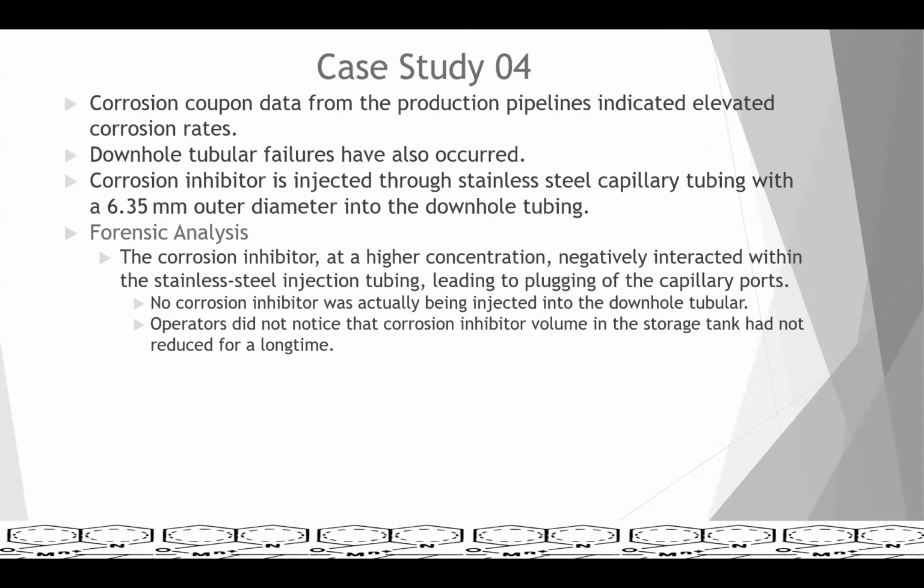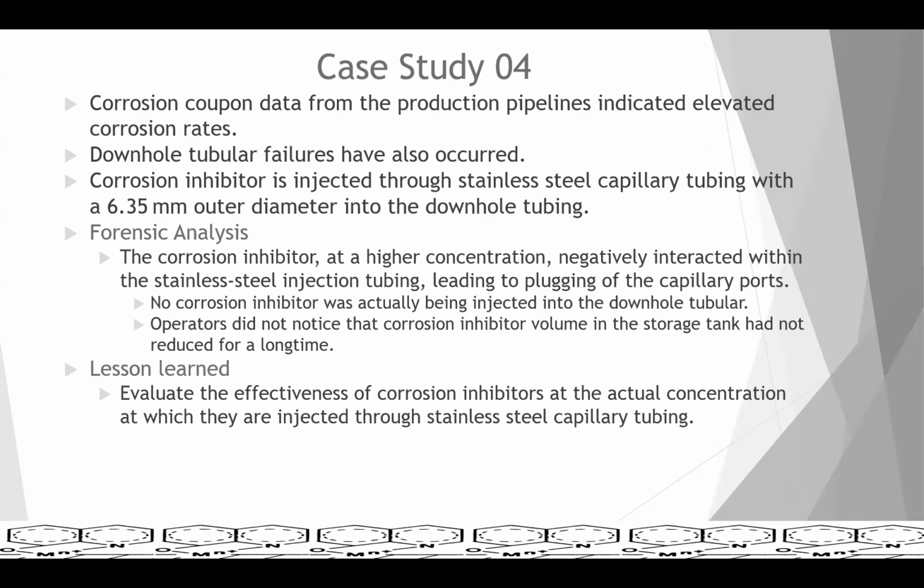The interesting point in this case is that because the inhibitor was not being injected, the inhibitor tank was always full, and the operator did not notice that the inhibitor volume in the storage had not reduced for a long period of time. He or she could be thinking they were saving money, but actually the inhibitor was not injected at all because of the plugging of the injection port.